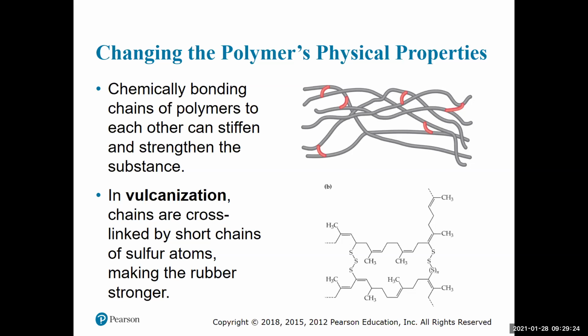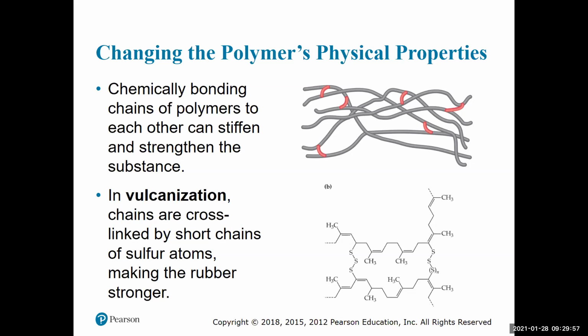You have two chains and these sulfur atoms, and you can react the sulfur together to get a bond there. The general idea is to take some functional group in one of the polymers and react it with a functional group in the other polymer. So then they kind of stick together. That'll typically give you a stronger situation. And this is called cross-linking.